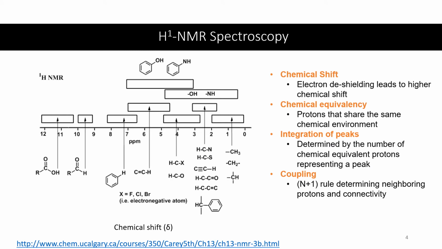Let's quickly remind ourselves about proton NMR spectroscopy. We discussed a few concepts related to that. First, the chemical shift is the number at which you would see a peak for specific protons appear on this axis.